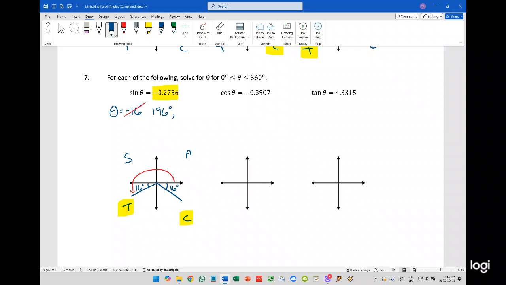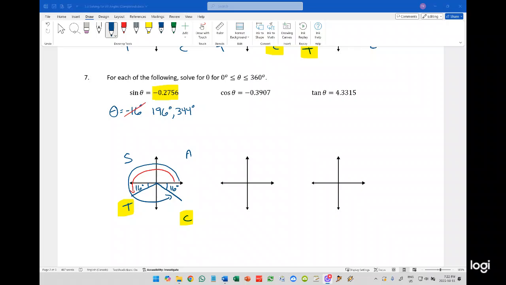And the second answer is going to be going all the way around, which is really 360 minus 16, which is 344. And if you want, you can always verify quickly and easily enough that the sine of 196 is negative 0.2756, and the sine of 344 is negative 0.2756.